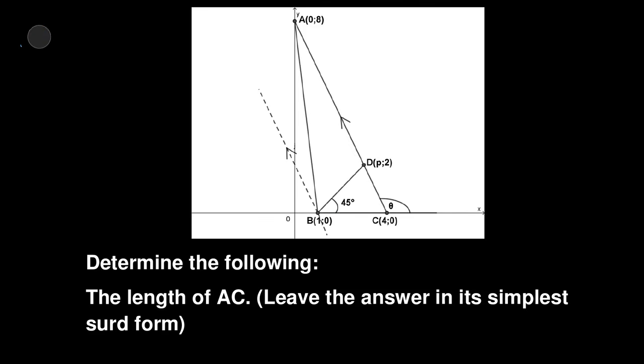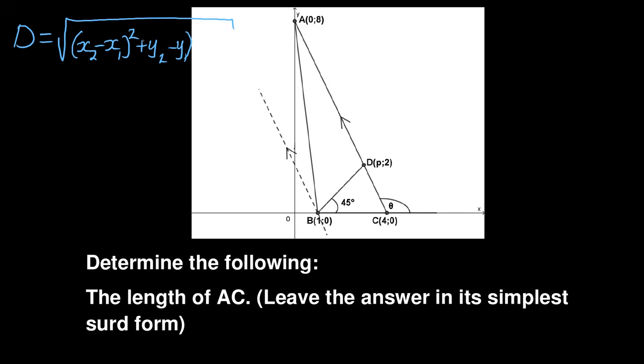distance D in this case is equal to the square root of, depends how you write it, but check it in your formulas, (x2 minus x1) squared plus (y2 minus y1) also squared. So this is the formula for finding distance D, but remember this is the distance of AC.